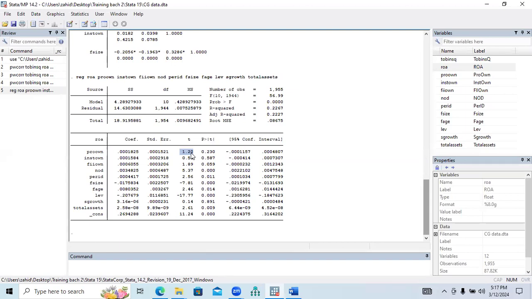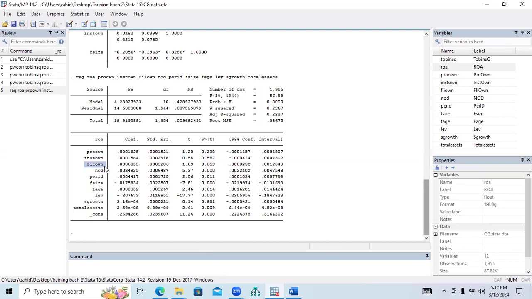So it means PR ownership is not significant with ROA. Next, institutional ownership is positive and still not significant because the p value is very high.